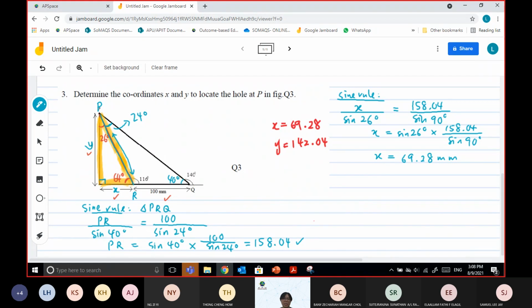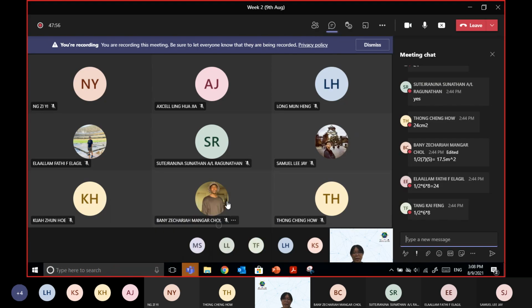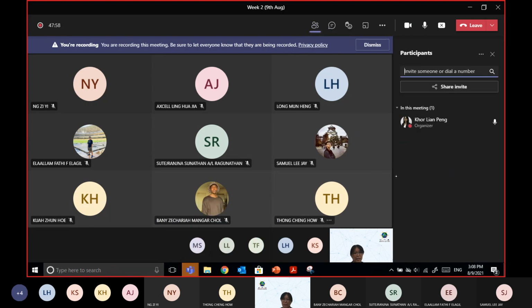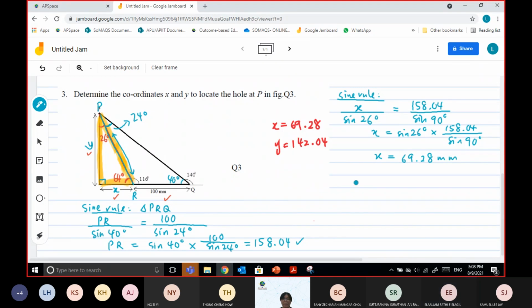Can any student tell me how to find y? Ilalam, how do we find y?